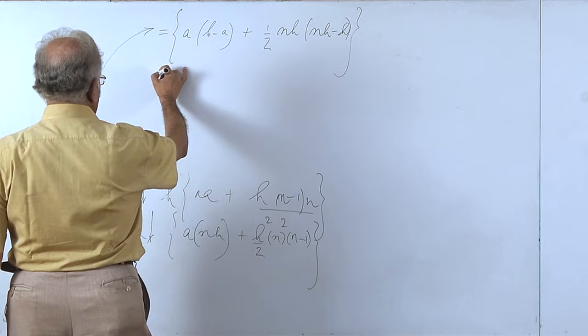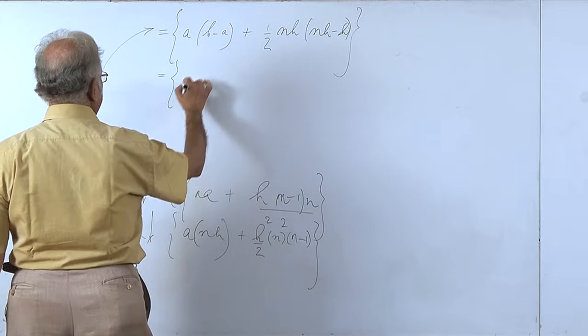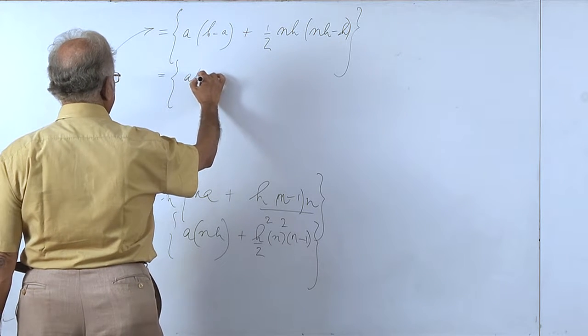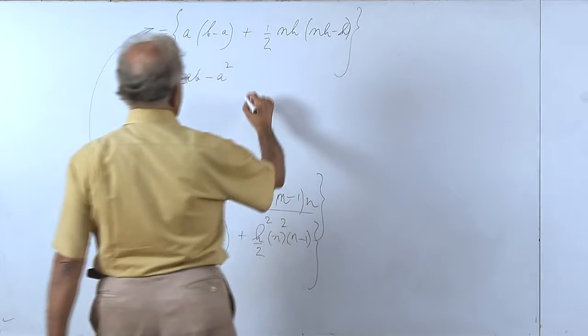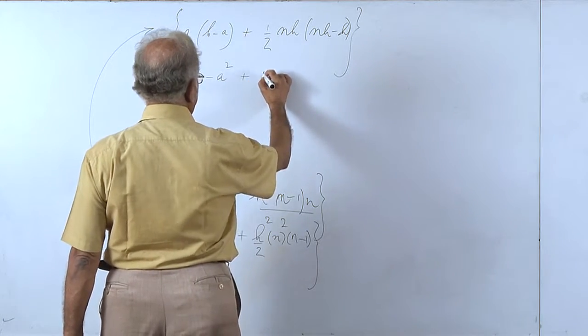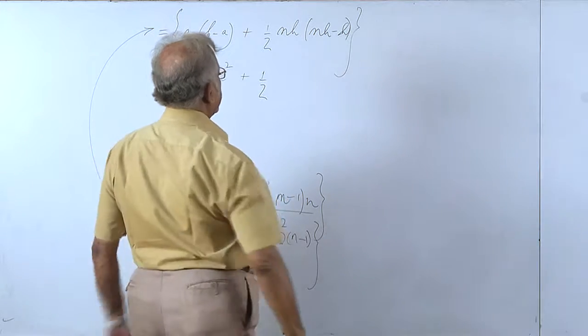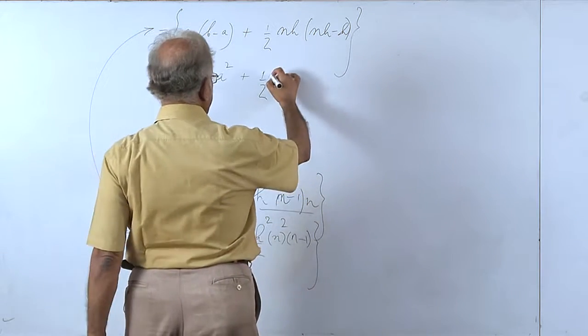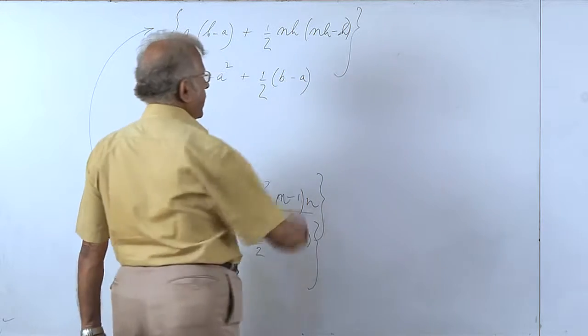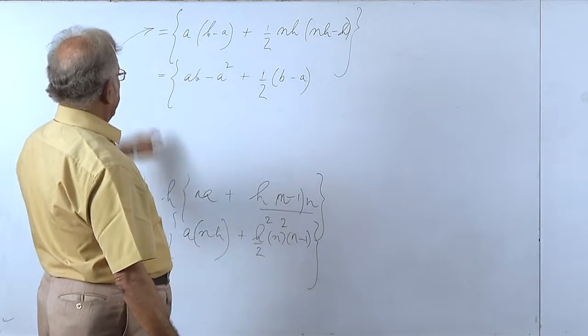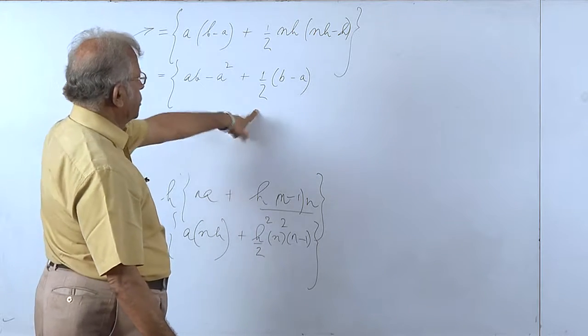So this is equal to bracket a into b minus a plus half, nh is b minus a. And we have a limiting value as h tends to 0.